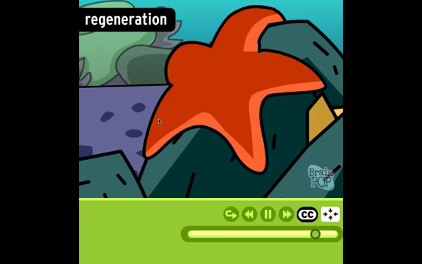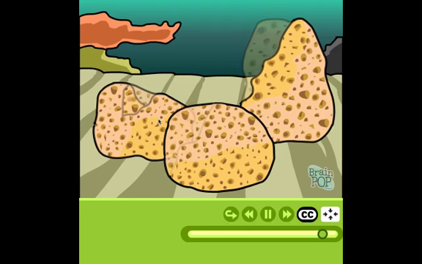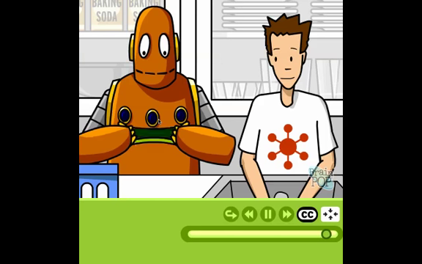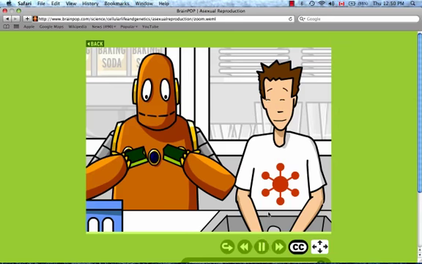That's a process called regeneration, which in certain cases is a form of asexual reproduction. If an injury is severe enough, the animal can regenerate into two or more separate children. Yeah, I don't think that sponge will regenerate. Well, it's made of plastic.